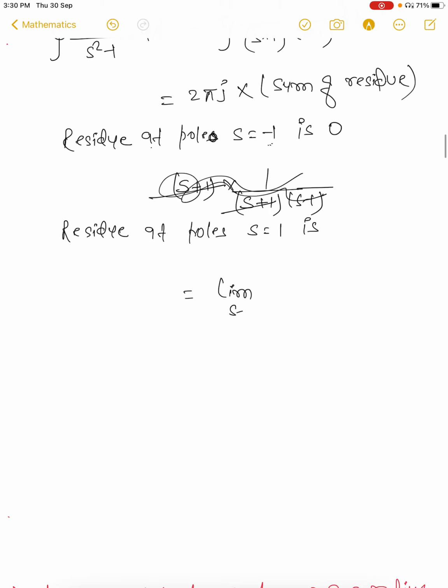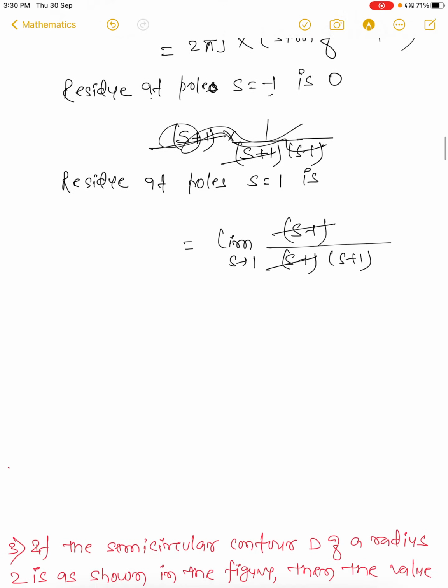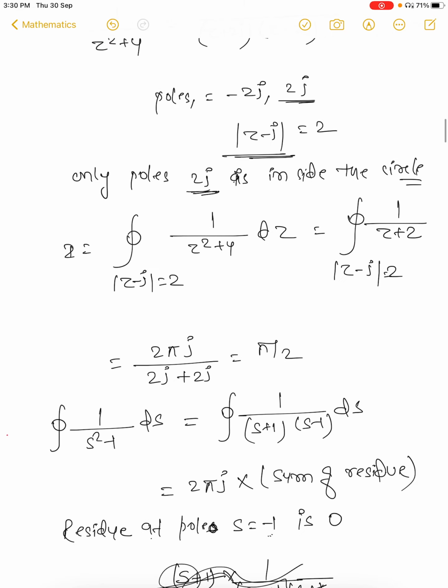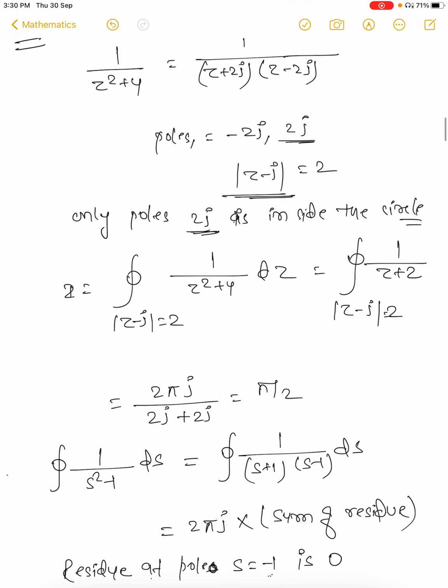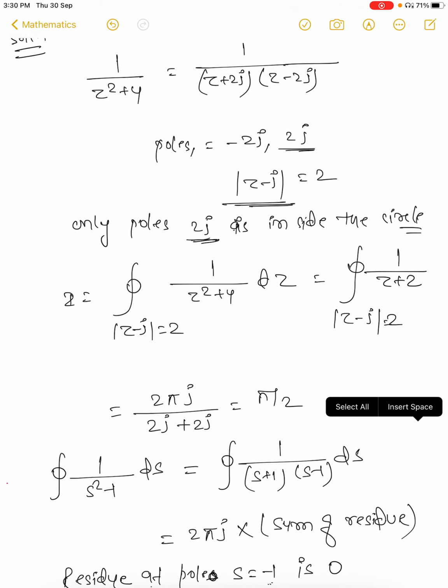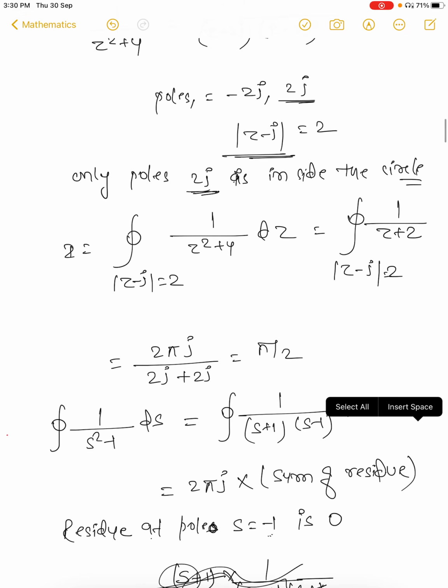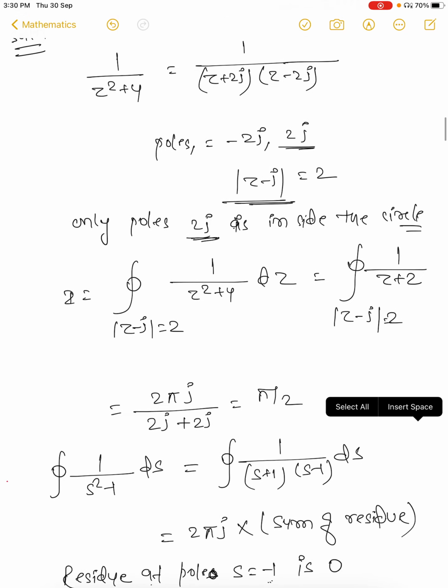Limit s tends to 1 of (s − 1)/((s − 1)(s + 1)). This one cancels out, and here it will be 1/2. In a similar fashion, these poles are inside the circle.